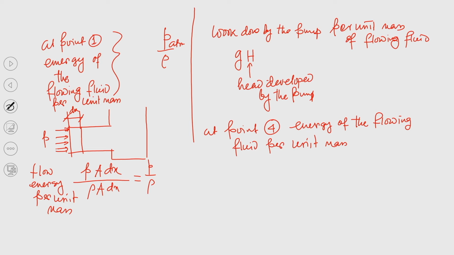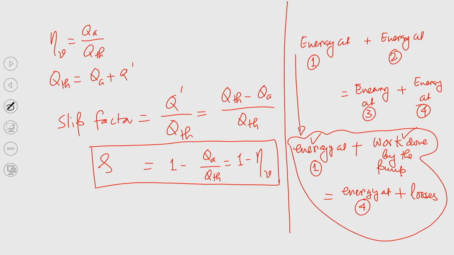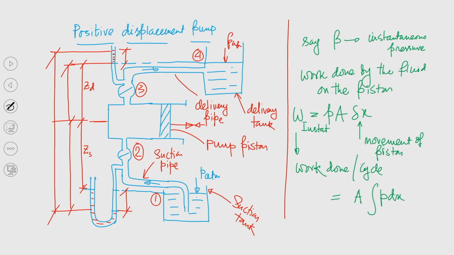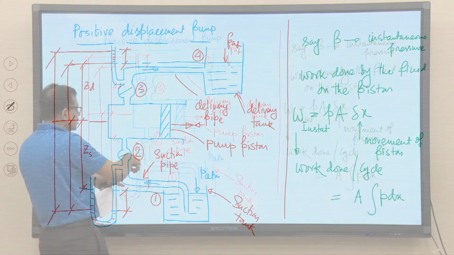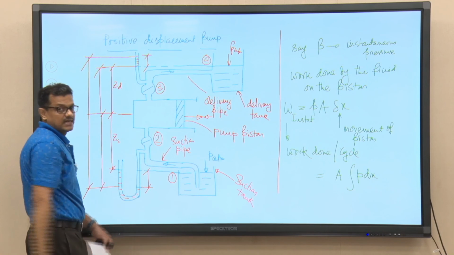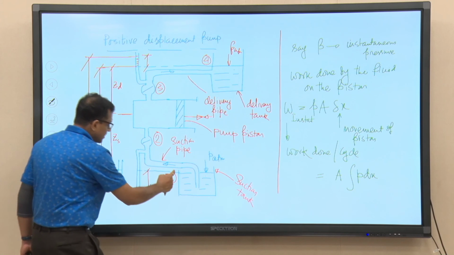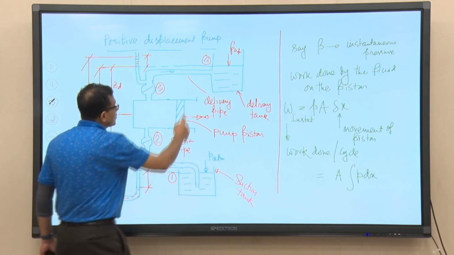What will be the expression? You can understand: this is point 1 and this is point 4. What is the distance between point 1 and 4? That is ZD plus ZS. So, energy is eventually flowing from point 1 to point 4.